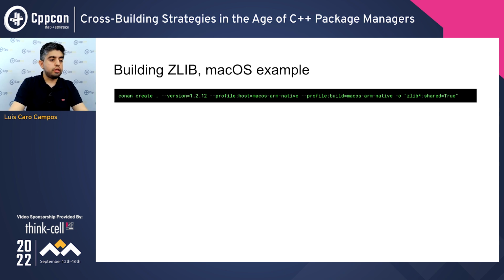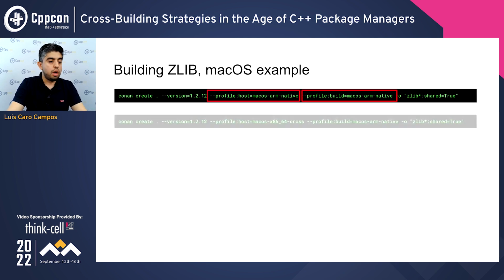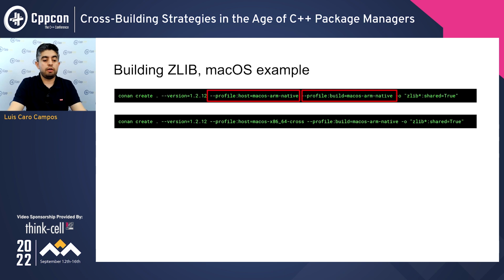So this would be a command invocation to build it natively on M1. And as you can see, both profiles are basically exactly the same, right? With both profiles the same, all the settings are the same, it just means a native build. But now I want to build it from my Apple Silicon MacBook to Intel. So the one that I'm changing is the host profile, which is the one that I'm generating code for, and I'm leaving the build profile exactly as it was before.